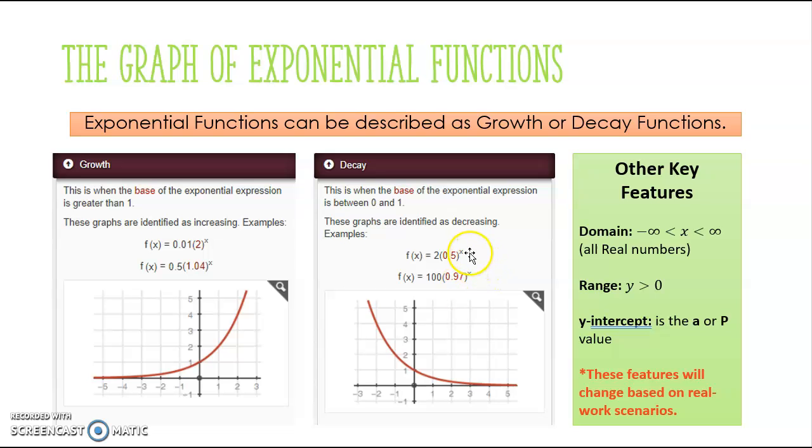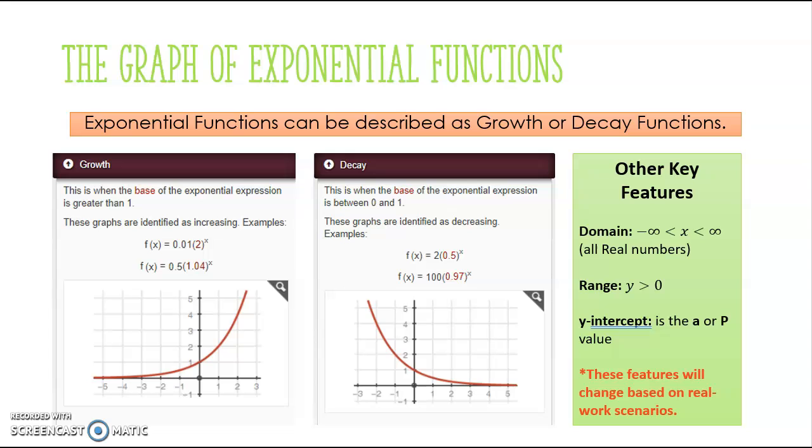Notice that both of those base values are greater than 0, but they are less than 1. The example at the top, 0.5, means we're only keeping 50% of our value each time, and the 0.97 means that we're only keeping 97% of our value each time. So we're losing 50% on the top one and losing 3% on the bottom one.